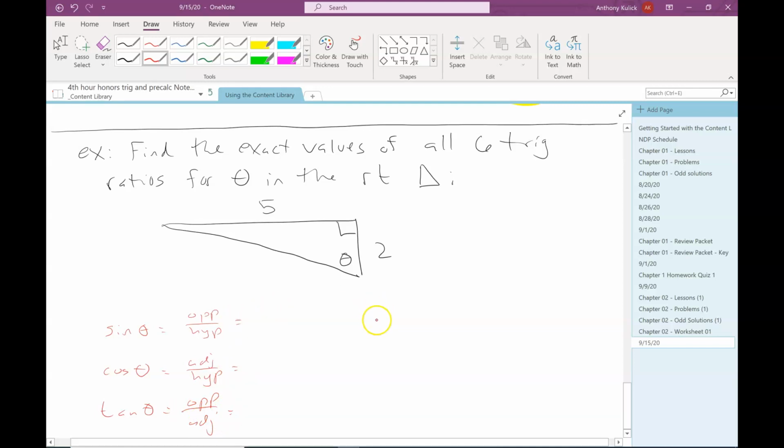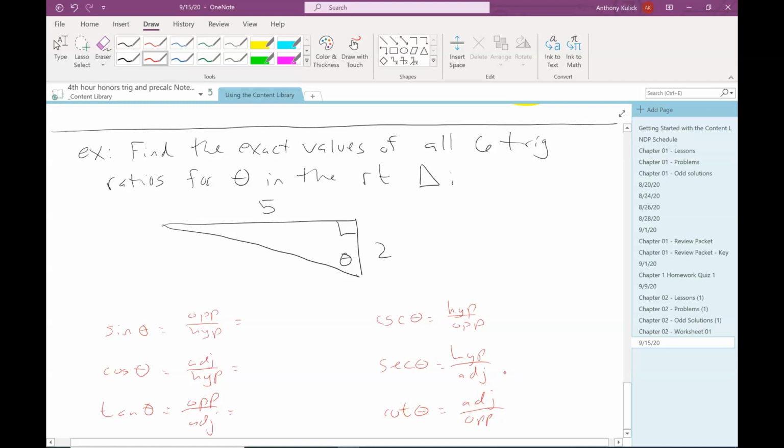And then we're also going to find cosecant theta, which was hypotenuse over opposite. Secant theta, which was hypotenuse over adjacent, and cotangent, which was adjacent over opposite.